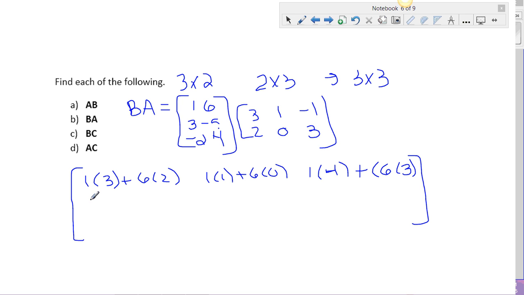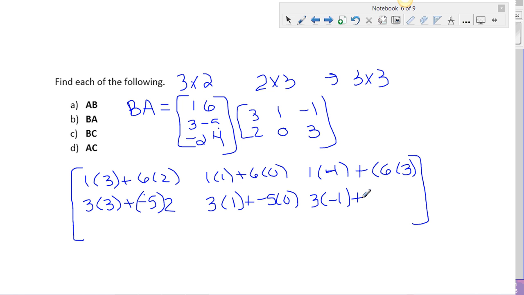Next one down, we've got 3 times 3 plus negative 5 times 2. 3 times 1 plus negative 5 times 0. 3 times negative 1 plus negative 5 times 3. And last but not least, negative 2 times 3 plus 4 times 2. Negative 2 times 1 plus 4 times 0.